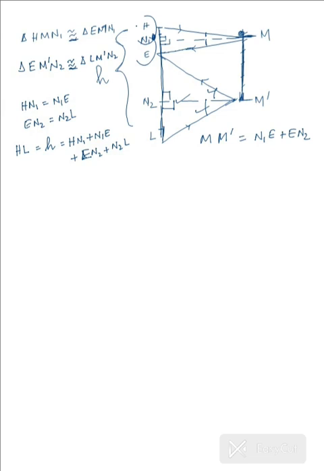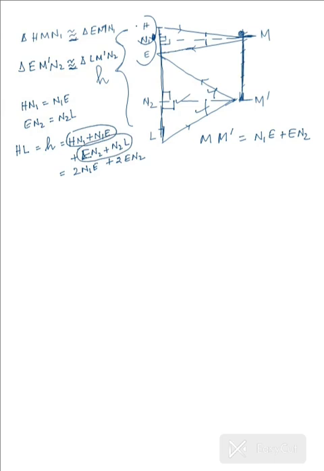So you have this. Now here you have 2 N1E, if I can take it. This is 2 times N1E, and the other one is 2 times EN2, because of the congruency.